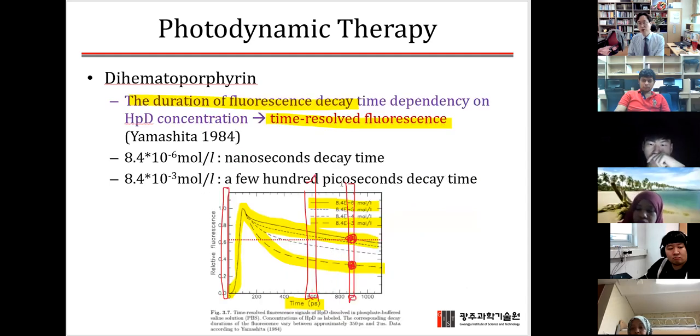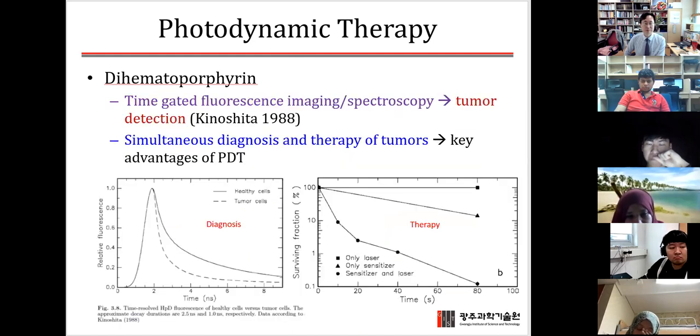But if you are able to have time-resolved fluorescence, so that you can have picosecond or maybe sub-nanosecond scale timing, then you can also separate tumor versus non-tumor from the imaging. So that is time-gated fluorescence imaging or spectroscopy, and it can be used for tumor detection.